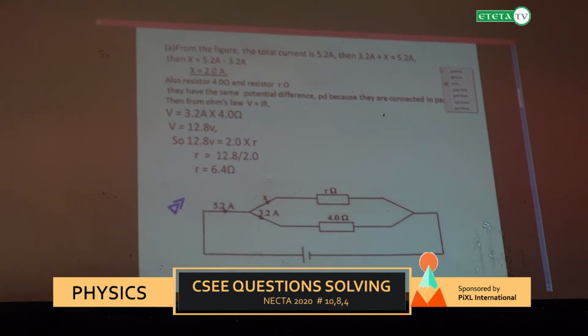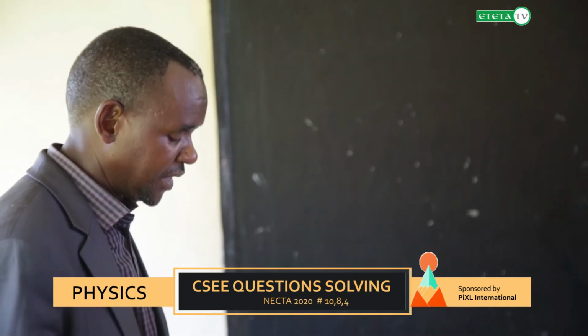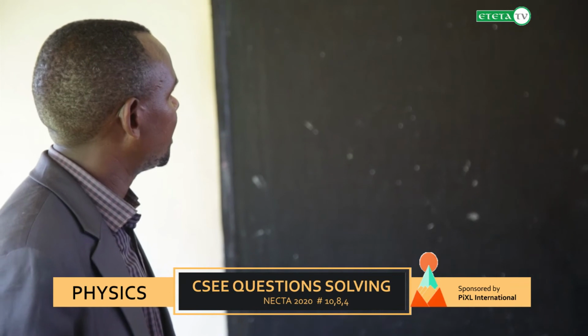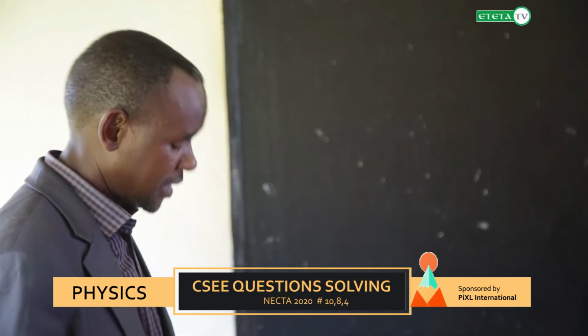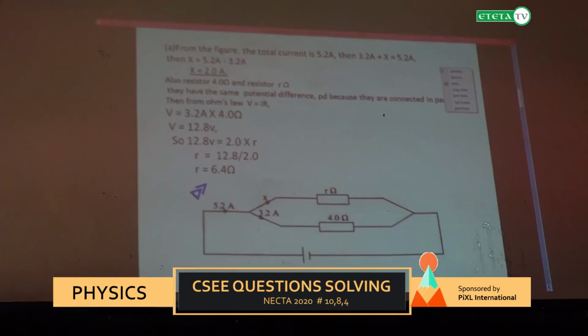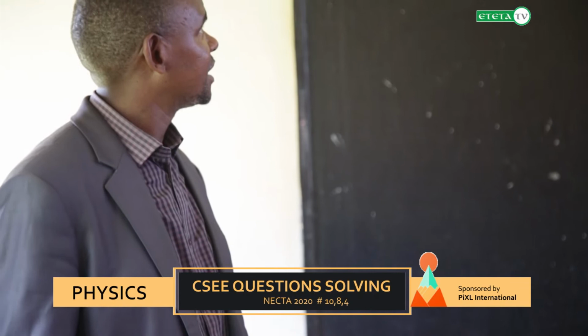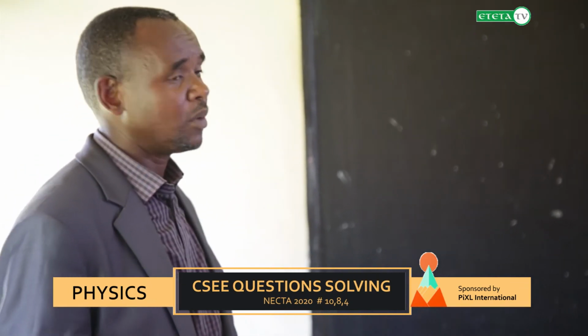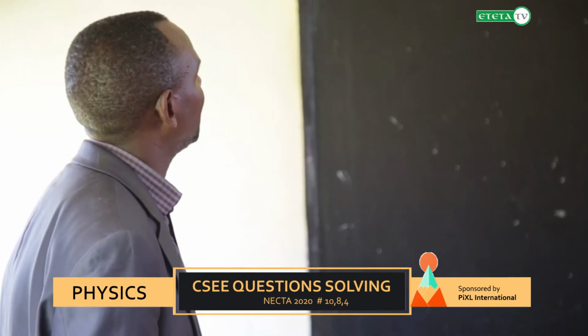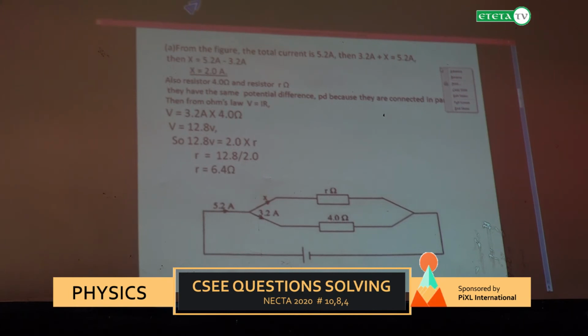Do you have a calculator? Can you find it? Then you get the value of R is 6.4 ohms. So from that, our question is done. We have already calculated the value of unknown current X, which is 2.0.